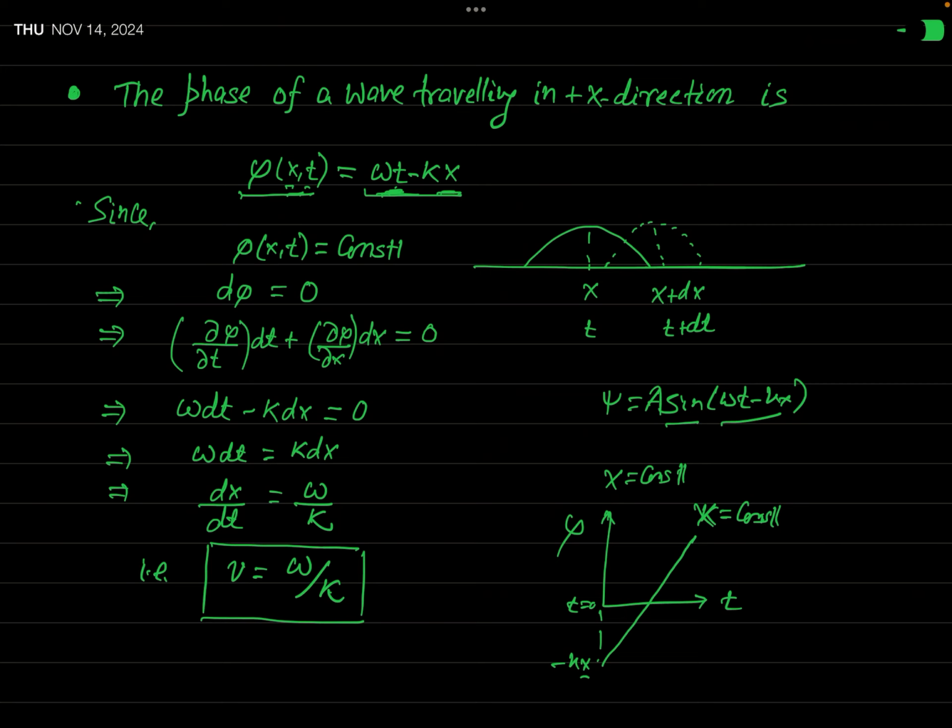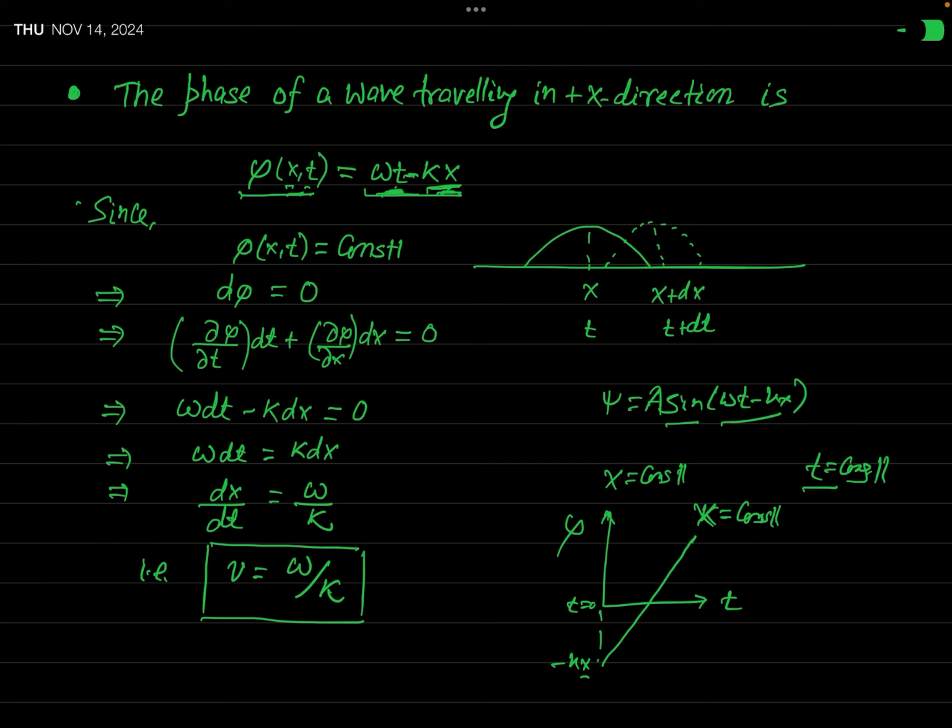So when we talk about a particular position, then with increase in time, phase increases linearly due to this term omega t. Now, if you keep t constant, it means we talk about different positions for different values of x at the same time. Then you can see with increase in x, phi will decrease because here there is a minus sign, but that decrement will also be linear.